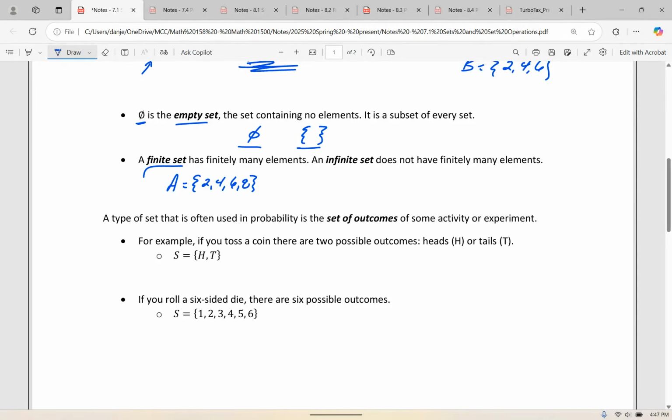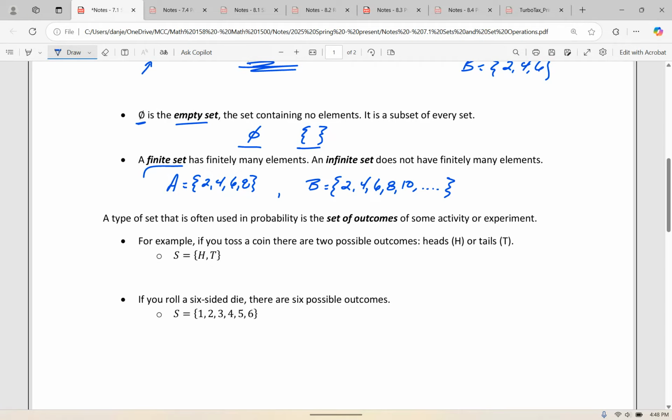Just 4 terms, that is a finite set. If I were to say that set B is 2, 4, 6, 8, 10, and on and on and on, therefore B is a set of all even numbers, there is no end to set B, so set B would be an infinite set. It's not finite. It does not end.